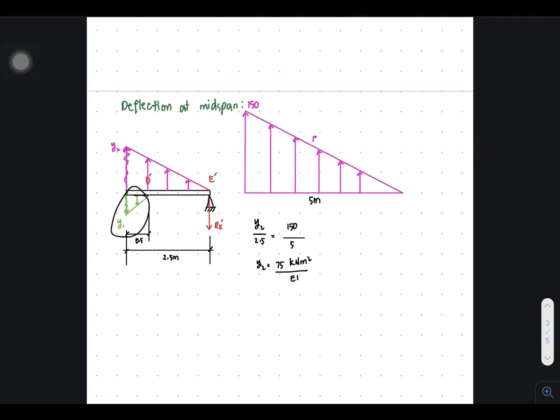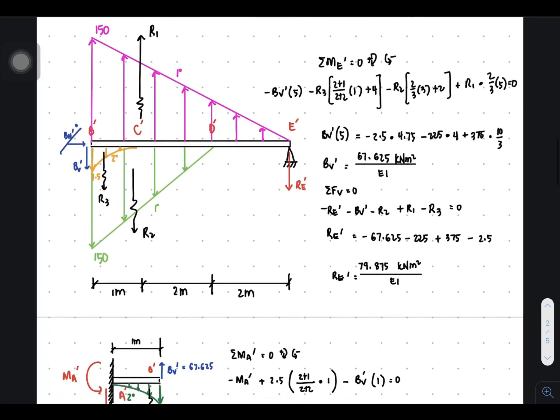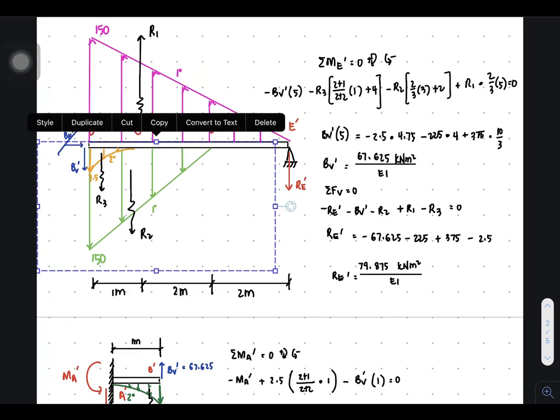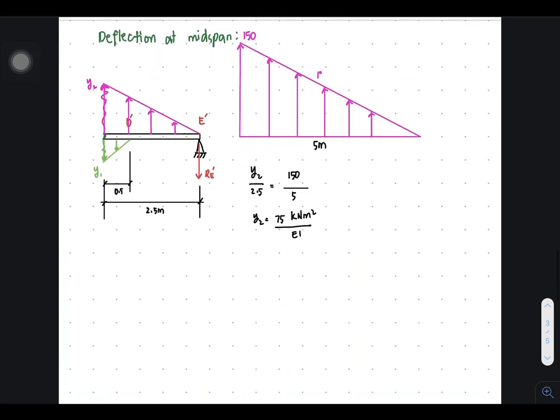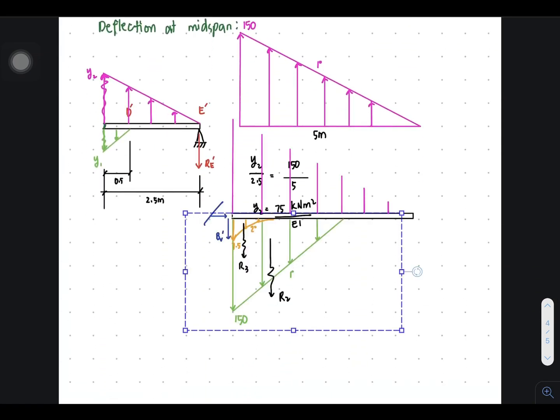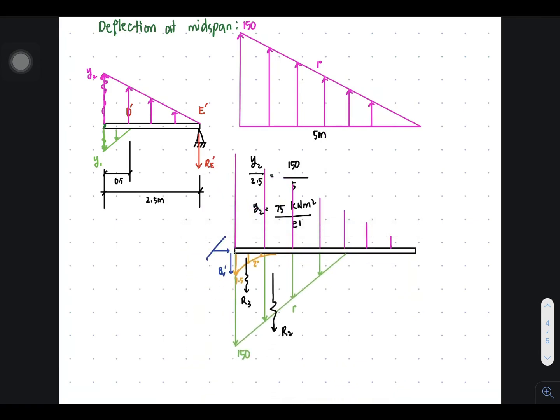How about for this y1? So copy, and I'm just going to copy this portion. Copy that. And then I'll delete some that are not useful. This one.